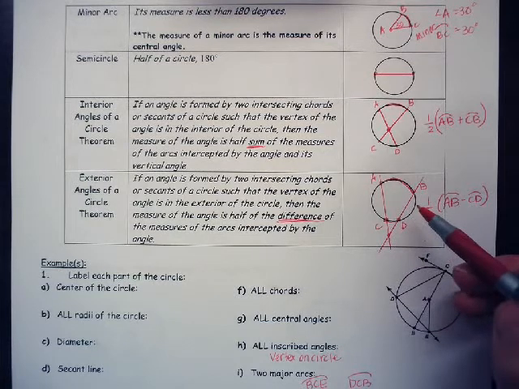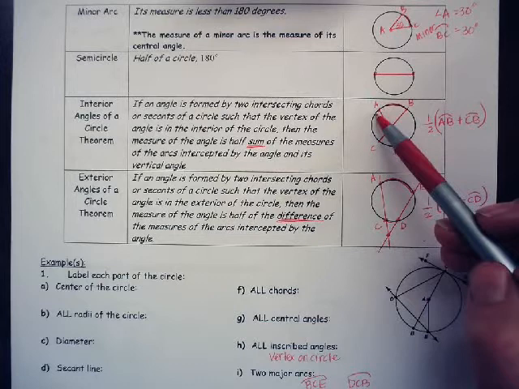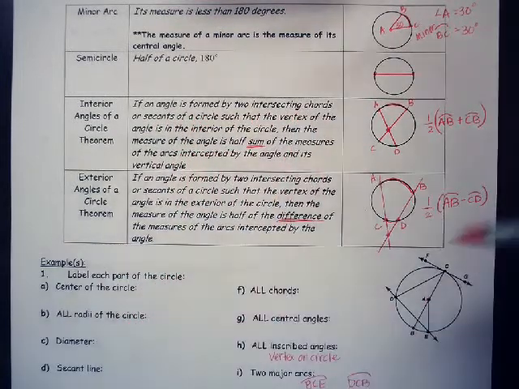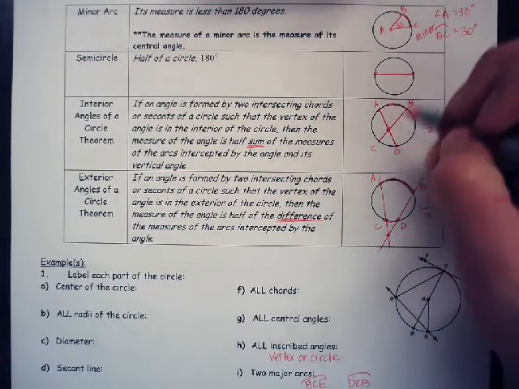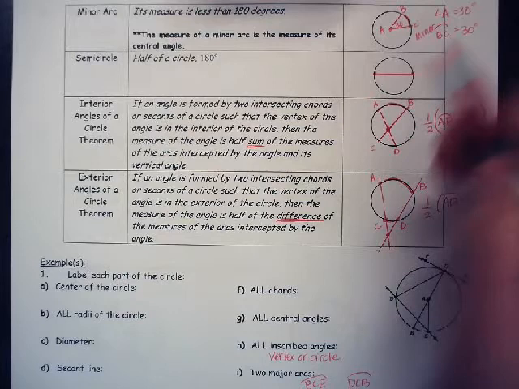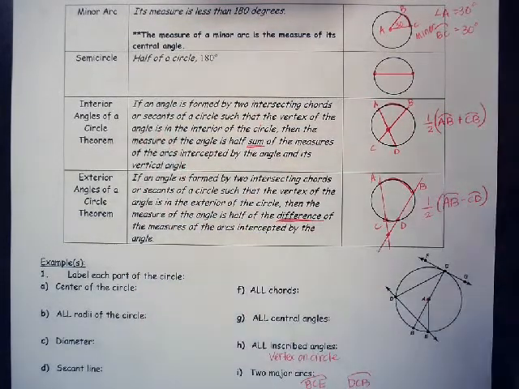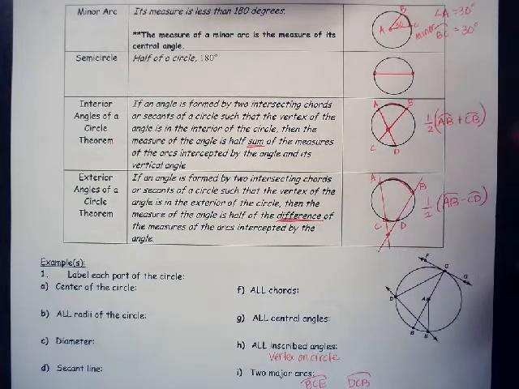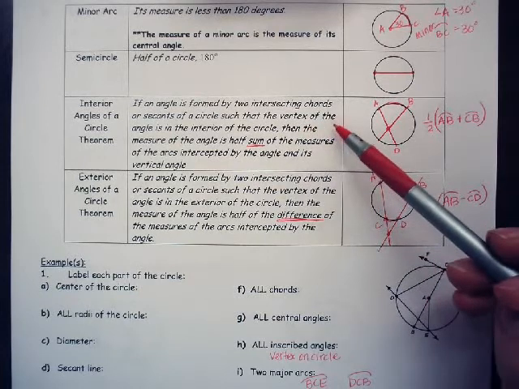So let's read the definition, and as we read it, I'll show you the parts that go along with it. If an angle is formed by two intersecting chords, so here's my chord AD, and it intersects chord CB. So I have two intersecting chords. Or secants, which just means this could be a line that continues through the circle, such that the vertex of the angle is in the interior.